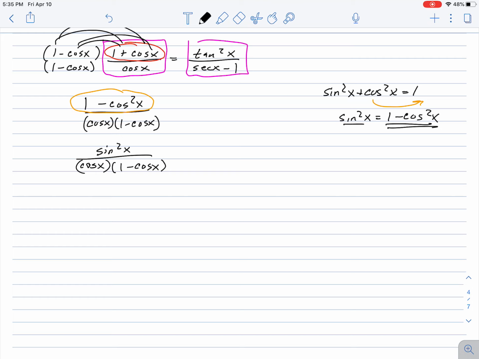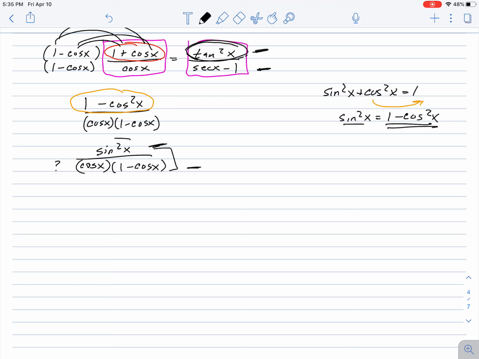So I kind of have the format down. Do you see this? I've got a squared on the top, and then some sort of trig function with a 1 and a minus on the bottom. This guy's out of place, but I'm close. So what I'm going to do is create what I want over here.